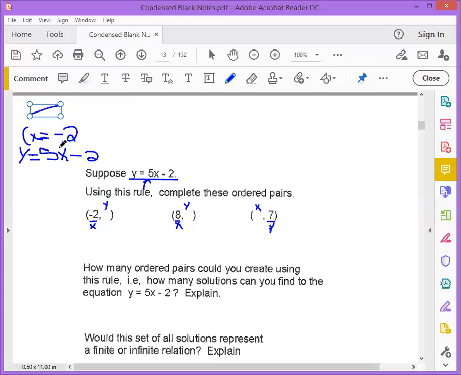And we're going to substitute -2 for x. We'll have 5 times -2 minus 2. Now we'll simplify this. 5 times -2 gives us -10, minus 2, which will give us -12.